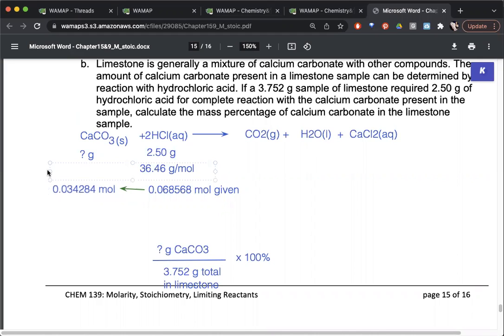All right, oh, we need our molar mass. 40.08 plus 12.01 plus 3 times 16. So moles times the molar mass will give us the grams back.